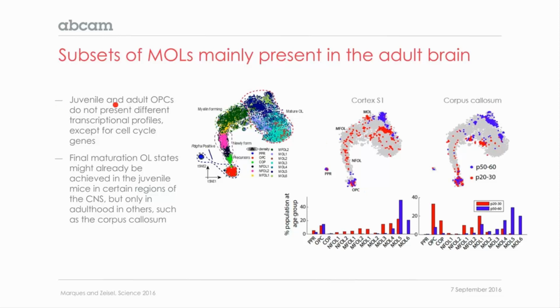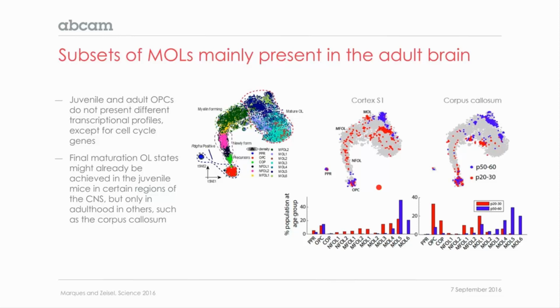Another thing that we could detect was that, for instance, some mature states of oligodendrocytes appeared in the juvenile mice, but then appeared to disappear, for instance, in the adult cortex.